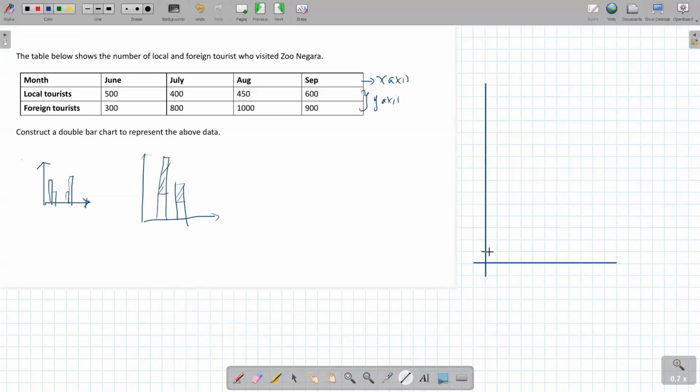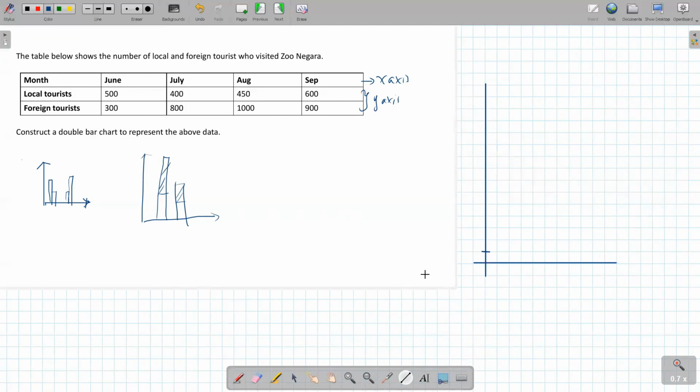Then we mark the y-axis. So how do we know how much we need to plot here? You look at this. We have the lowest value, which is 300, and then the highest value is 1000. So each interval we will choose 200, 400, increasing by 2, 2, 2.